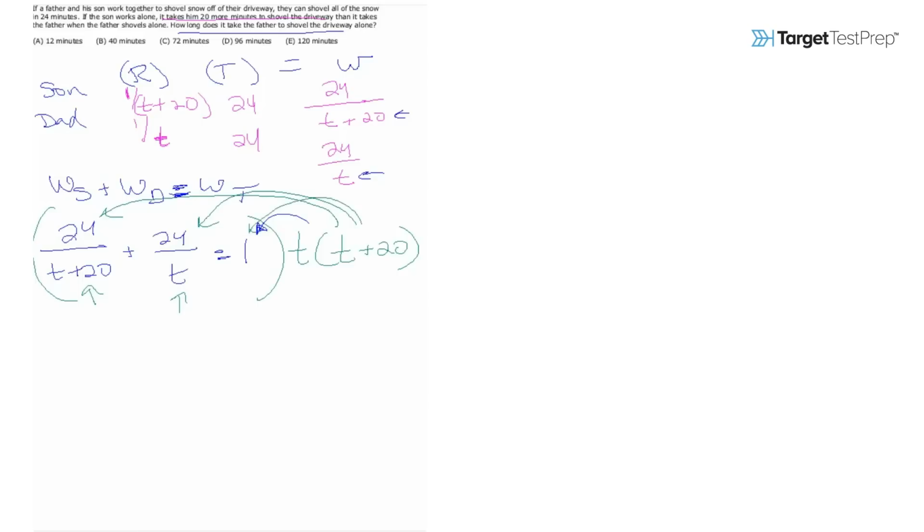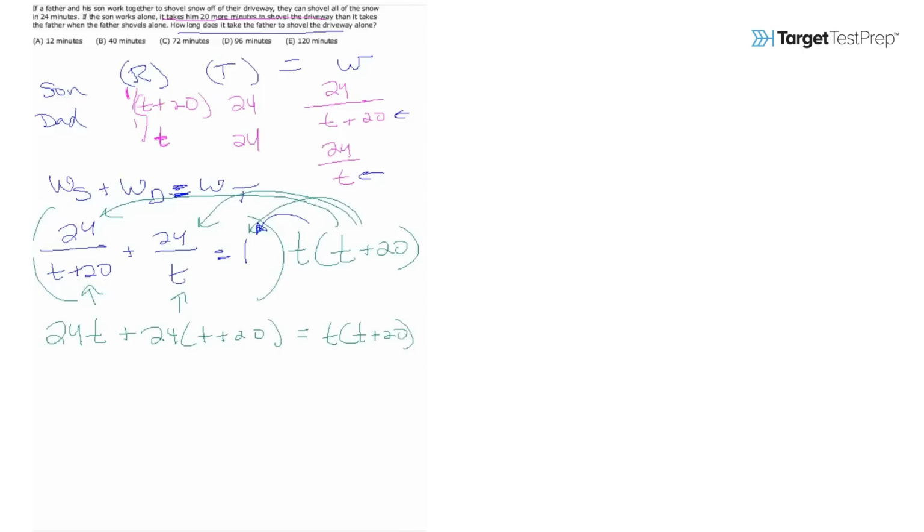So we're going to do 3 multiplications. And when we do that, we're going to be left with 24t plus 24 times t plus 20 equals t times t plus 20.